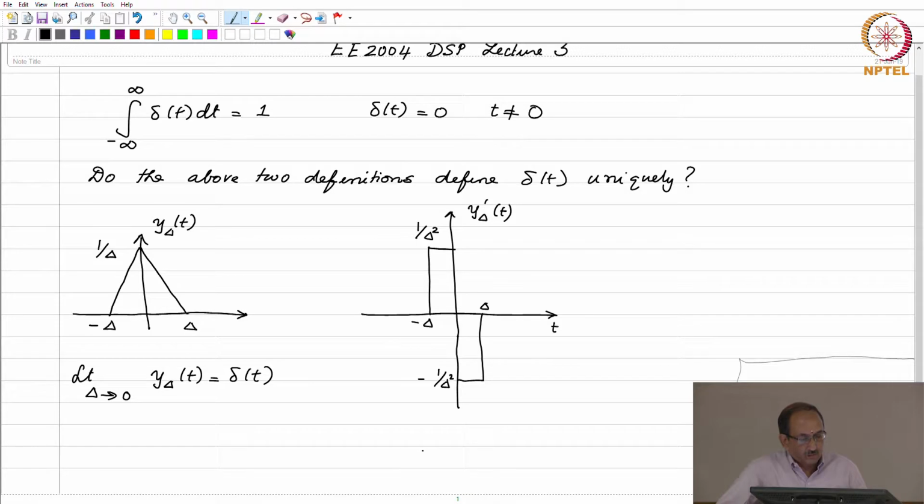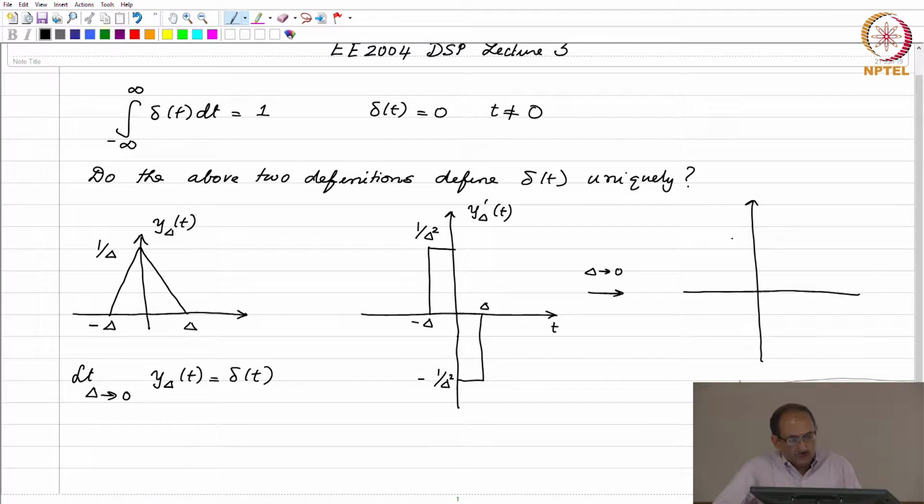And in the limit, as cap delta tends to 0, this seems to approach this function. For each of these rectangular pulses, each part becomes skinnier and skinnier, taller and taller, and in the limit this is how it is depicted.